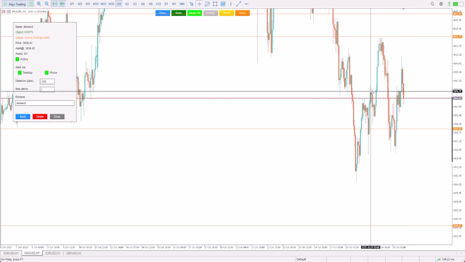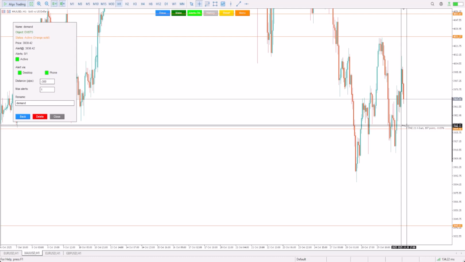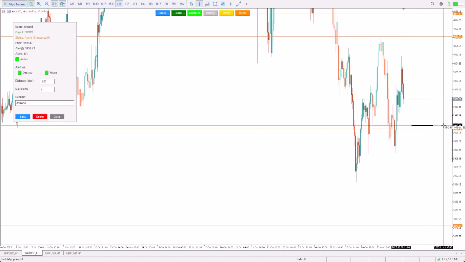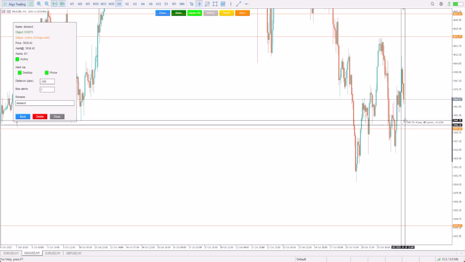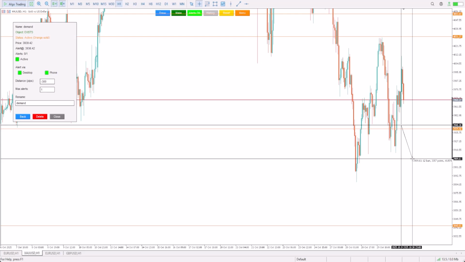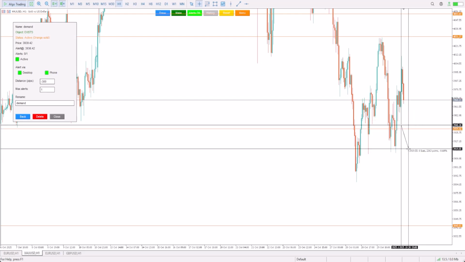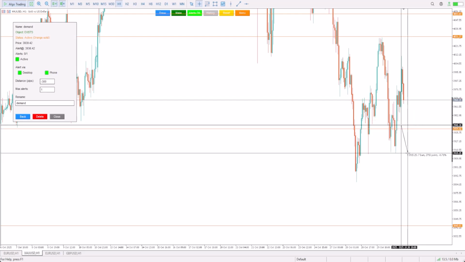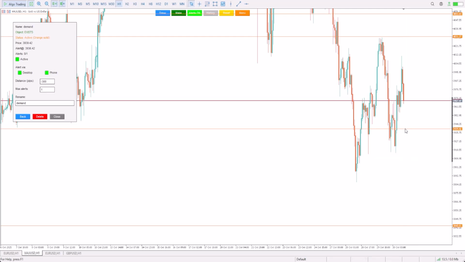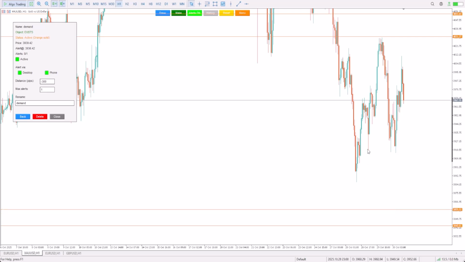Because as price is here and in play here, you maybe don't want to get notified. You maybe want to get notified when the price goes down, so penetrates that level, and then you expect the reversal. This is based on your strategy, for example, or something like that.